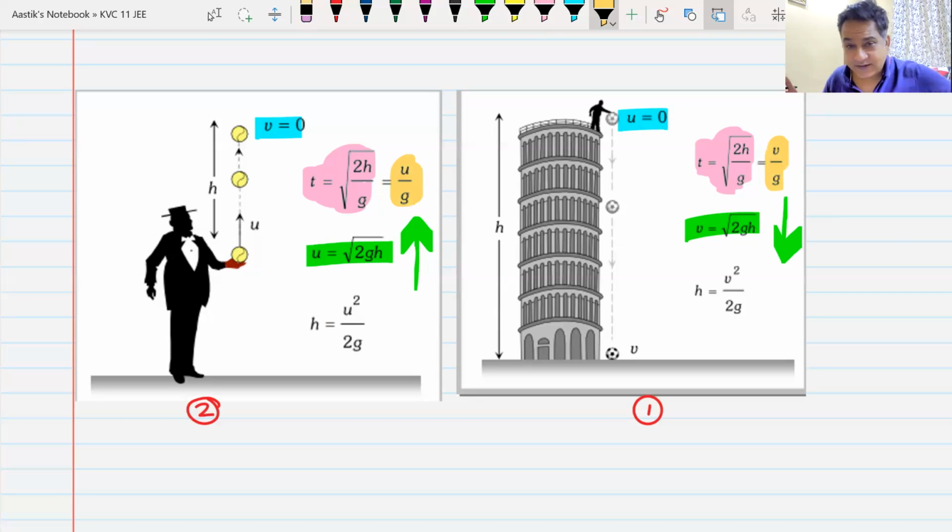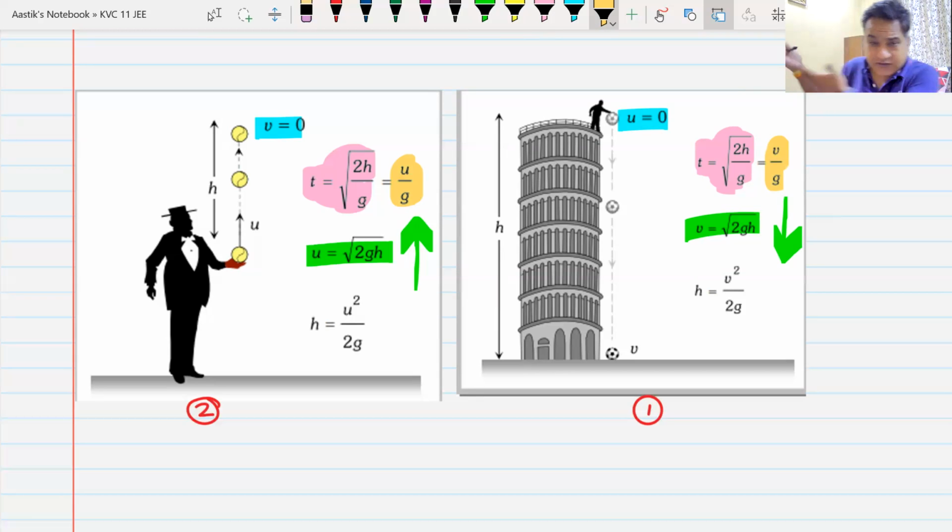So they are no different cases. They are the same case, my dear friends. The only thing that is different is our way of seeing it. In case number one, we are calling the top velocity the initial velocity and the velocity at the bottom the final velocity. In case number two, I am calling the velocity at the bottom the initial velocity, and the topmost point I call final, nothing else.